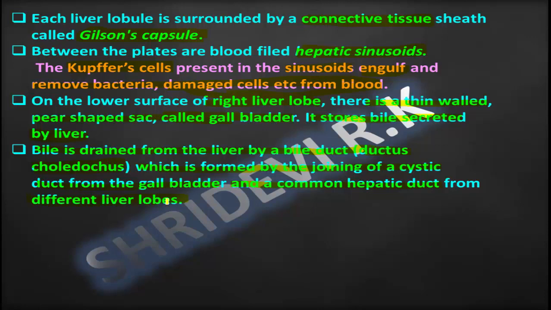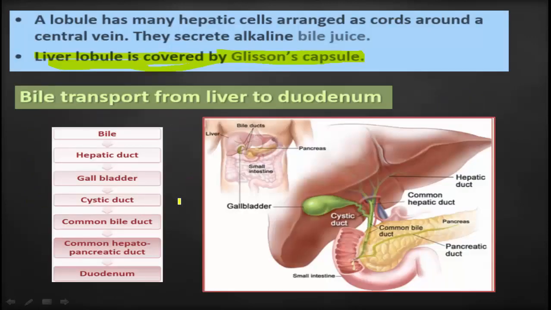The same thing that I explained in the previous slide. See, this is the hepatic duct arising from all the hepatocytes of the liver, whether it is the right lobe or the left lobe. The right lobe has a small pear-shaped structure called the gallbladder, and the duct of the gallbladder is called the cystic duct.